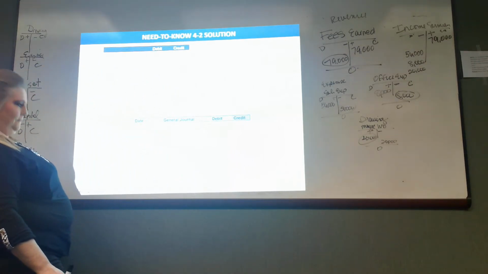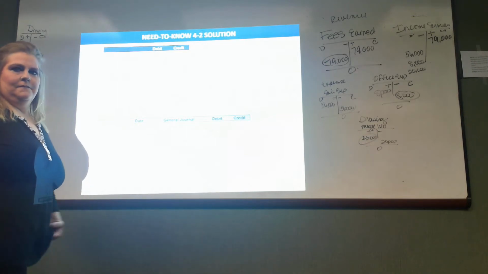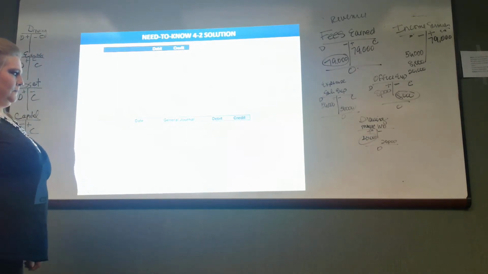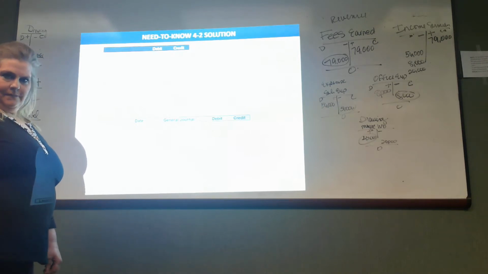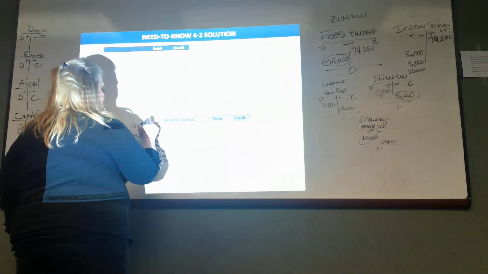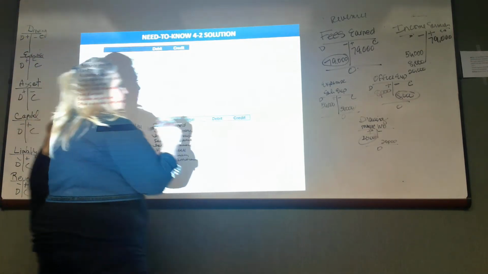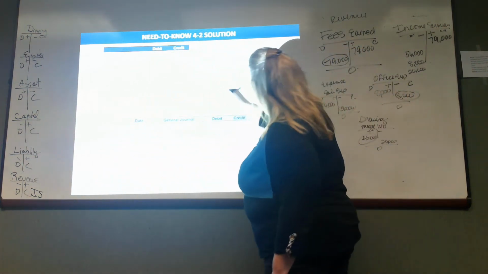Now, Ms. Angela was saying that she was talking about the very last entry. So show me the steps. Step 1 was to close out revenue. So put a 1 next to the fees earned, right here, outside of the table.